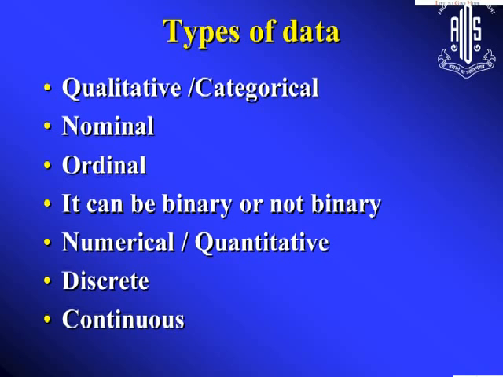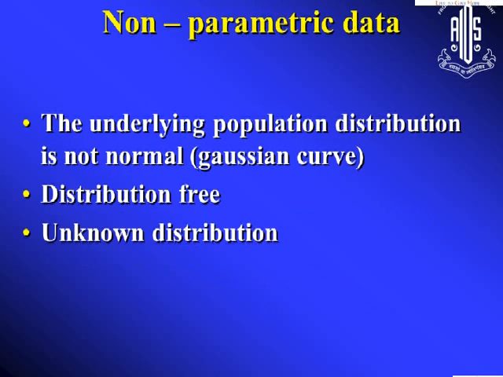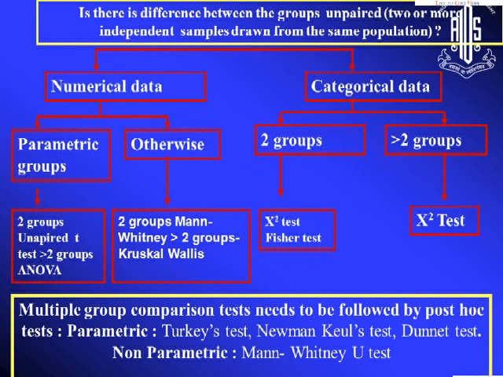That is how you will test the null hypothesis. In numerical data, if the distribution follows the Gaussian distribution, it is known as parametric data, because it has certain characteristics. There are different tests for parametric data and a different set of tests for non-parametric data, which is numerical data not following the Gaussian curve. Is it clear so far?